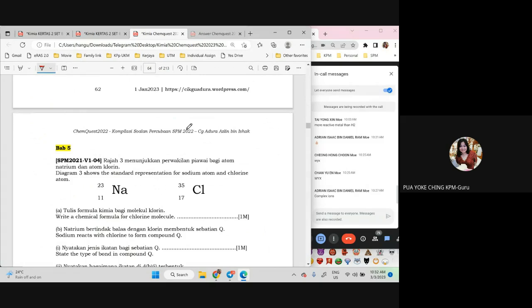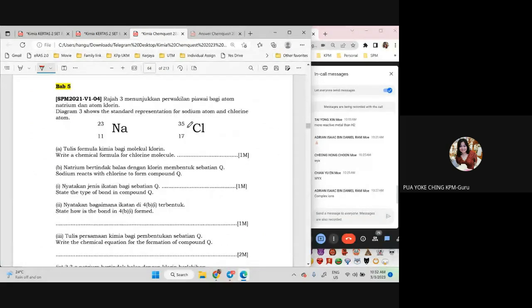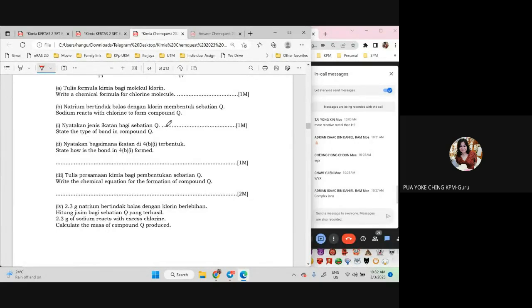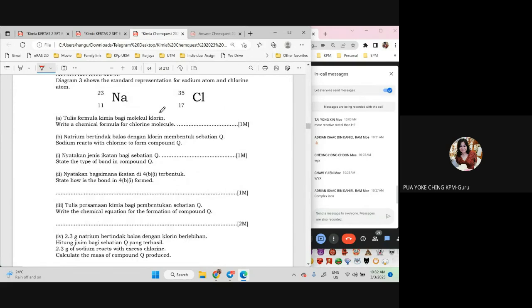Then we look at questions from other states. This is your SPM 2021. In SPM 2021, ionic compound comes out. You are given Na and Cl and asked to state the type of bond. Write the chemical formula for the chlorine molecule, which is Cl2.